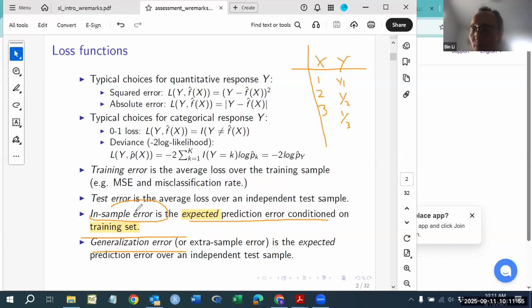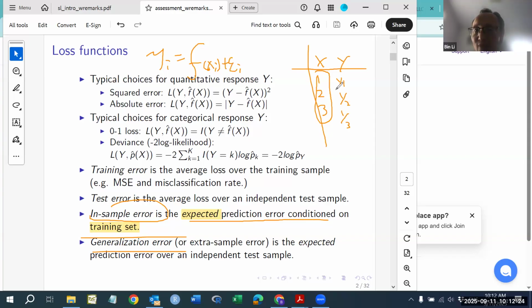But what is in-sample error? In-sample error is that we condition on this 1, 2, 3, we don't change it, but we resample the Ys by fixing the X. And you may ask, how is that possible? Remember, our model is Yi equals f(Xi) plus epsilon i.